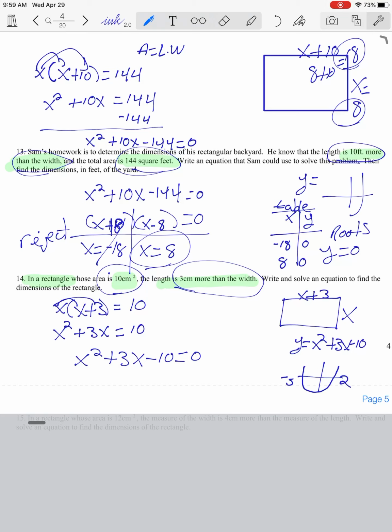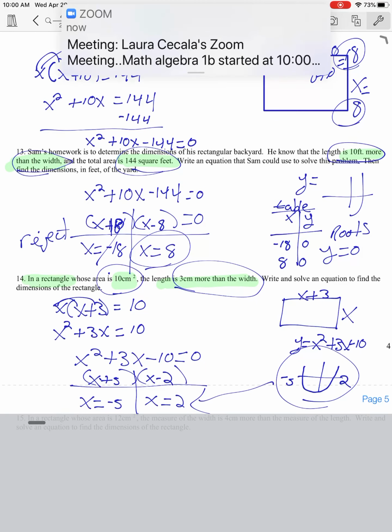You can even pause the video. I know then my answers will be x equals negative 5 and x equals 2. You can skip this step, you guys. This is just factoring it and showing work.